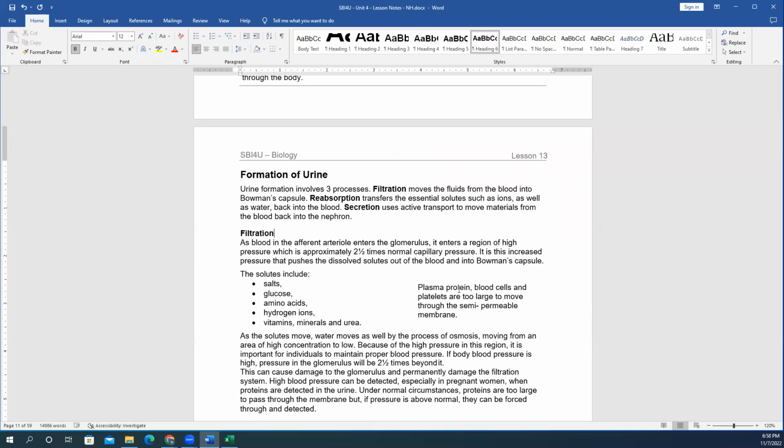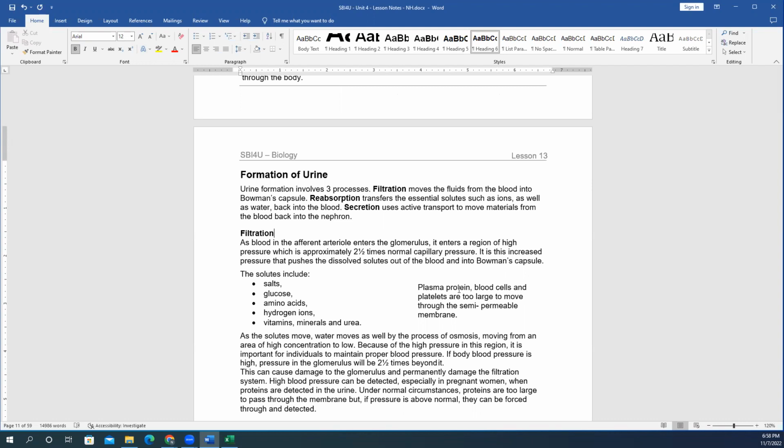And because of the high pressure in this region, it's really important for us to maintain a proper blood pressure. If our blood pressure becomes too high, for people who suffer from high blood pressure, the pressure in the glomerulus will become too high as well.